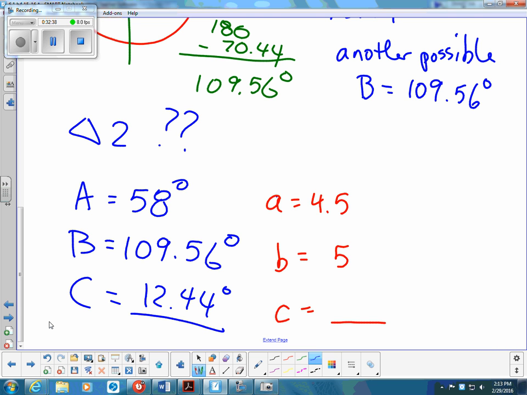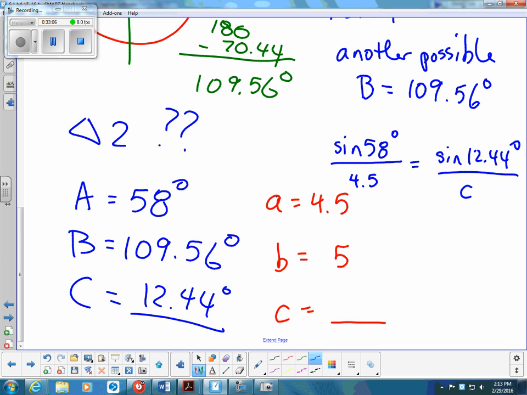Okay, so sine of 58 over A, which equals 4.5, equals sine of 12.44 over C. Everybody agree with this?